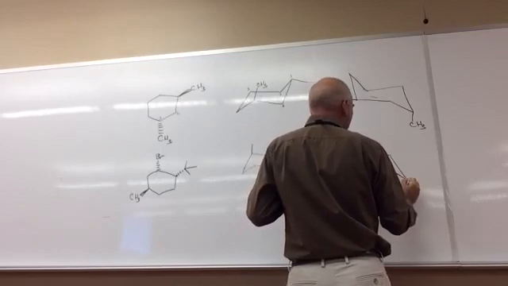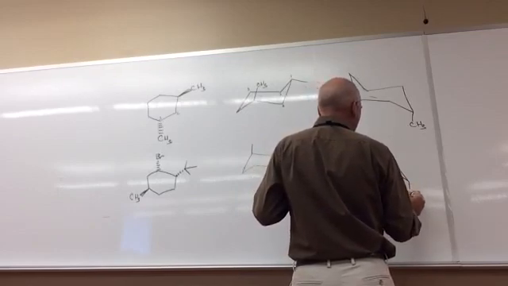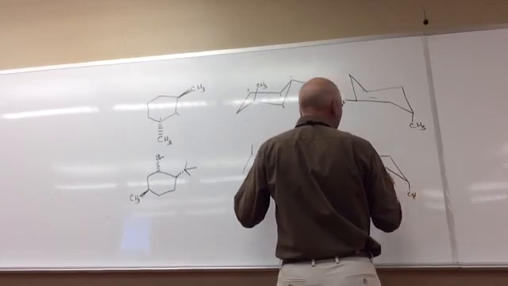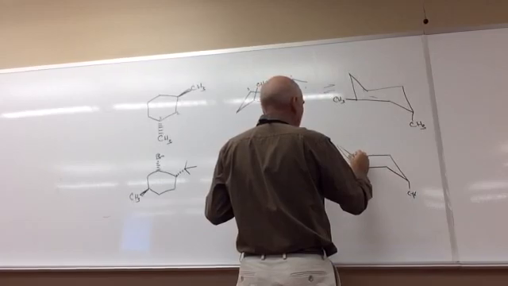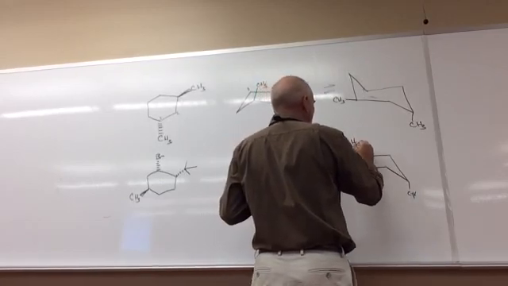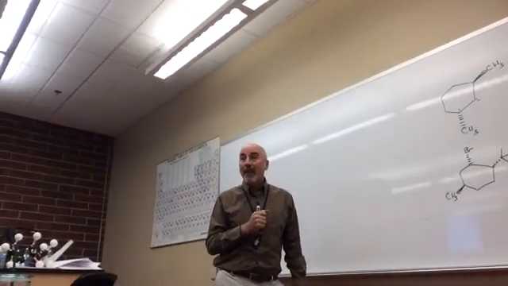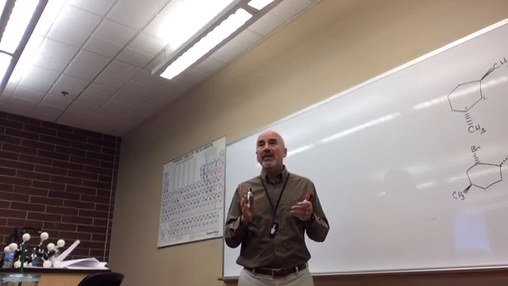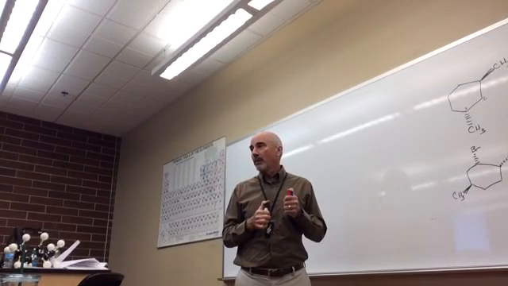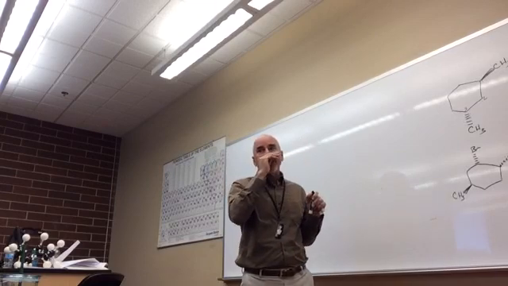So I flip this down to here, and then this one becomes this one. There. Yeah, all four of those structures are correct. There are probably six more structures that are correct. But that relative stereochemistry has to stay the same.